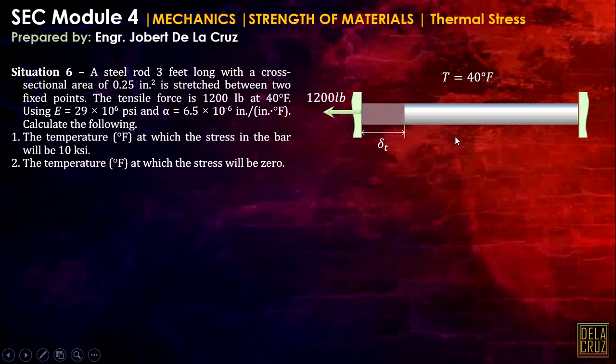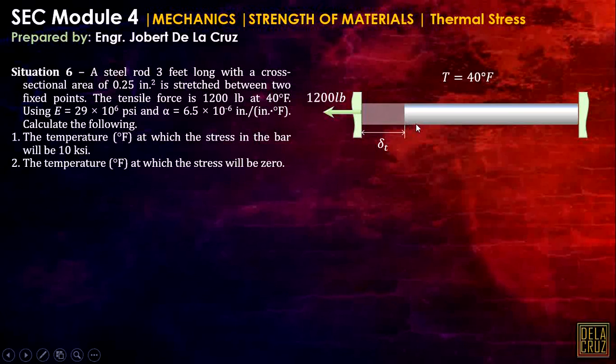So, this one is the temperature when this induces a tensile force of 1,200 pounds. What if yung sinabi is compressive force? Ano yung scenario? So, that should be a rise in temperature. Kumbaga, dapat hahaba yung ating bar para ma-push niya yung fixed point dito. Okay? In this case, tensile siya.